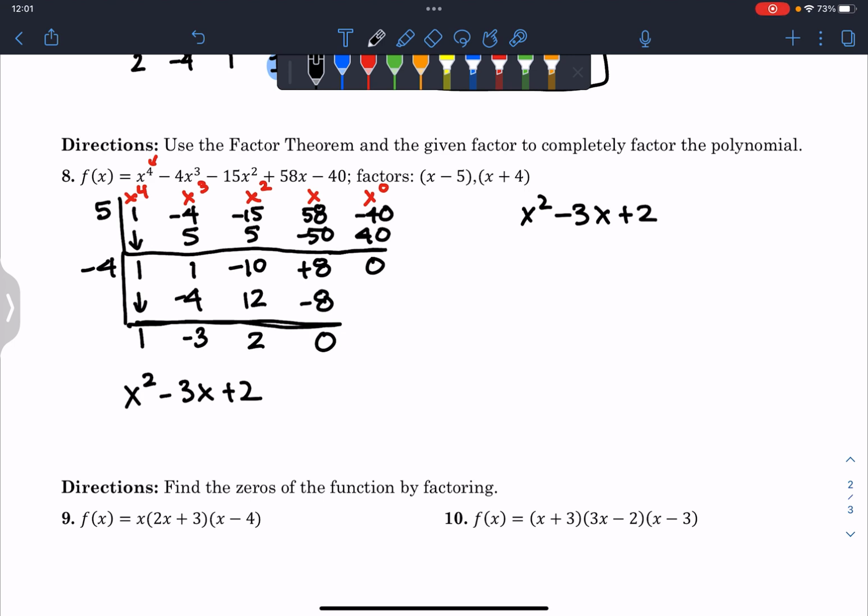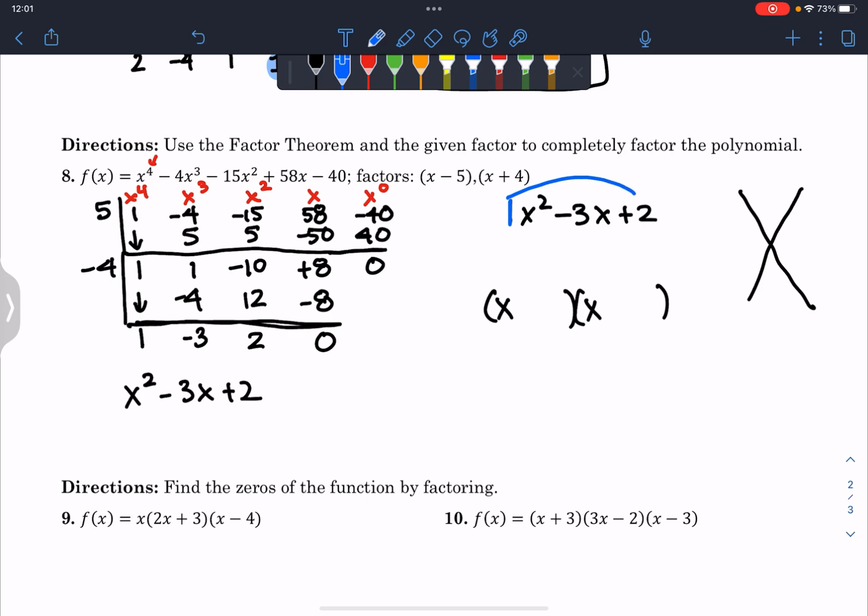So again, what we're trying to do here is to figure out the factors of 1 times 2, which is 2, that are going to add up to negative 3. So what two numbers multiply to give us 2 that add up to negative 3?